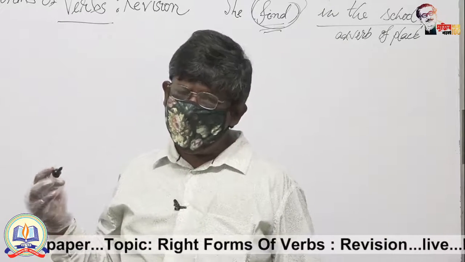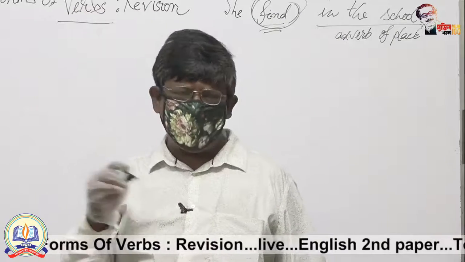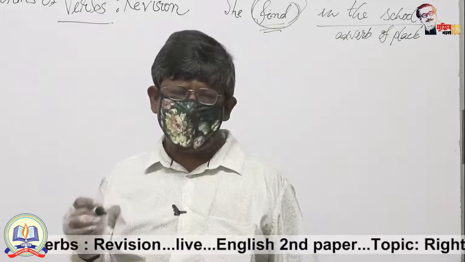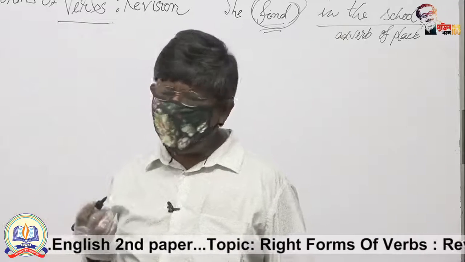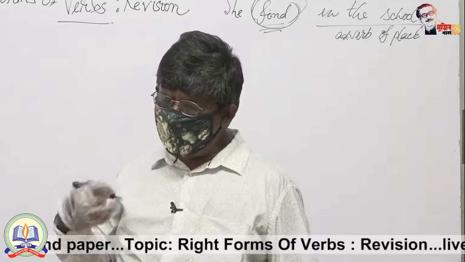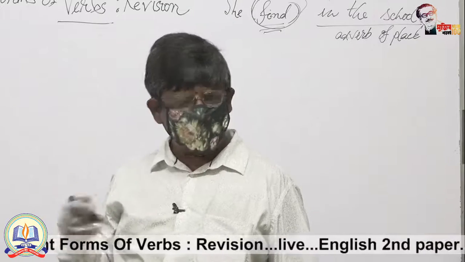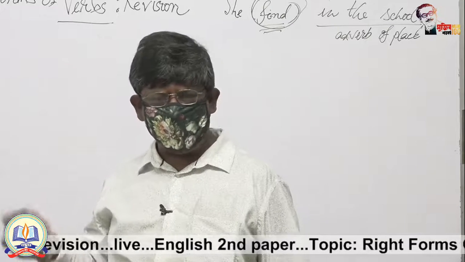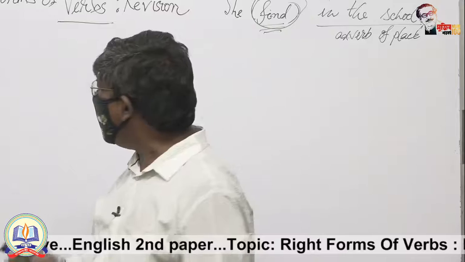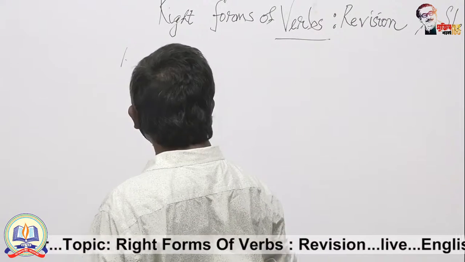And finally, when we have only one subject for two verbs in a sentence or clause, we will present one verb in the finite or tense form, and the other one in the non-finite or no tense form. Let us look at some examples. Number 1.